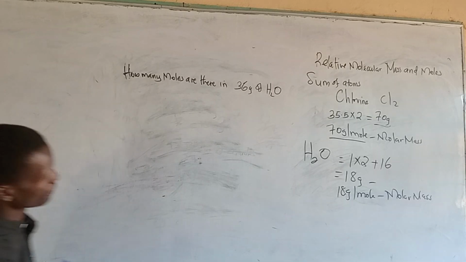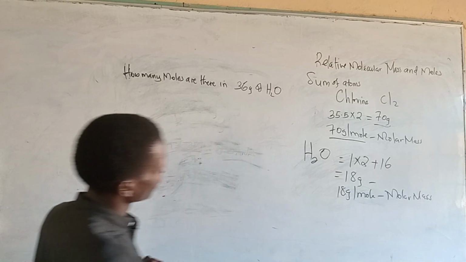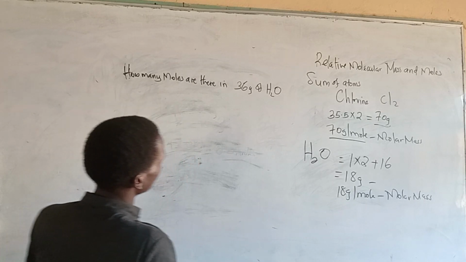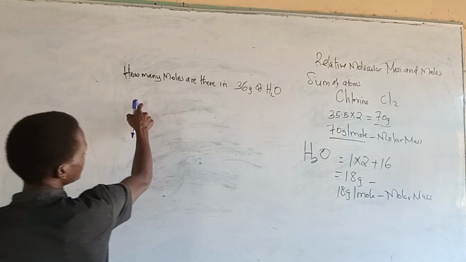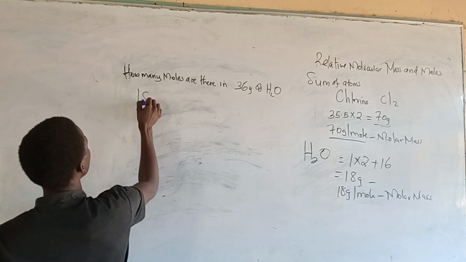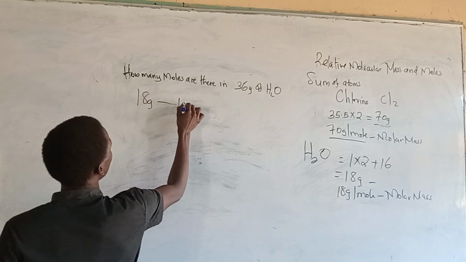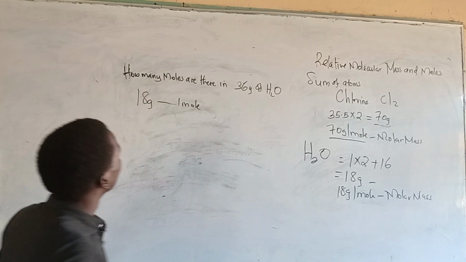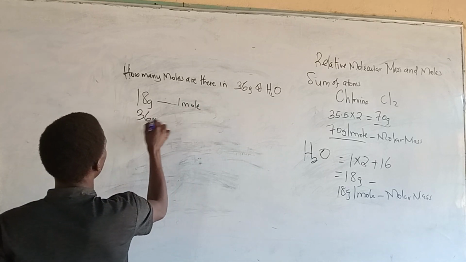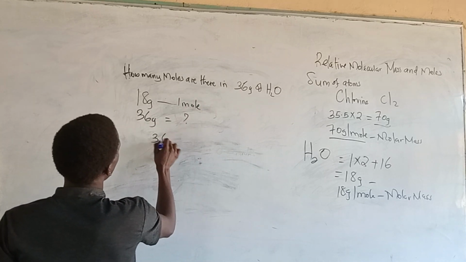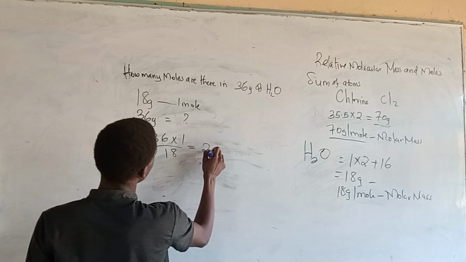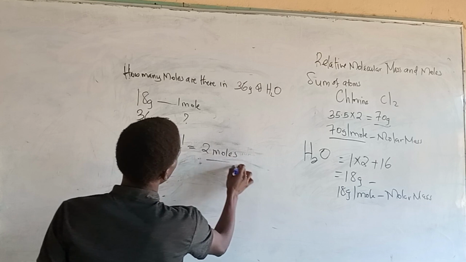What I know is the molar mass we have calculated here, 18 grams per mole, and this is equivalent to 1 mole. So what about 36 grams? We cross multiply to get 2. So 2 moles here.